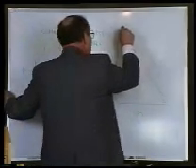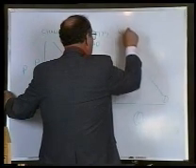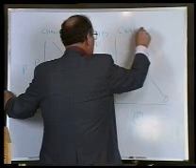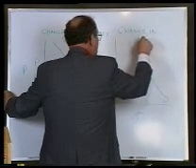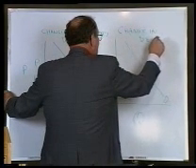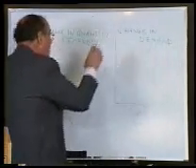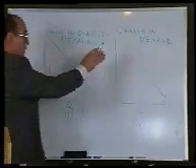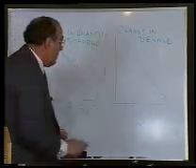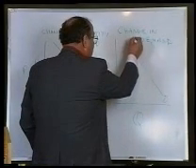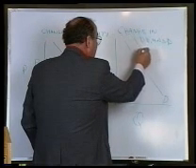Now, that's change in quantity demanded. Over here we have change in demand. Change in demand. They sound very much alike: change in quantity demanded, change in demand. But change in demand means a shifting of the entire demand curve.